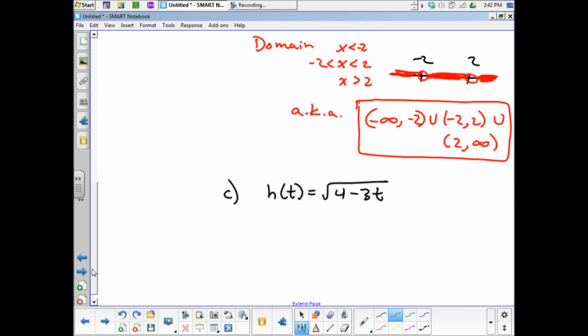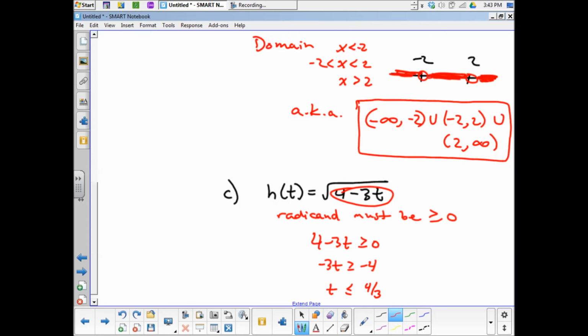In a square root, or any even root, we basically have to make sure that this is greater than or equal to 0. So a radicand, if you're dealing with an even index root, must be greater than or equal to 0. So we'll just write that and solve it. So you subtract the 4 over, divide by negative 3.